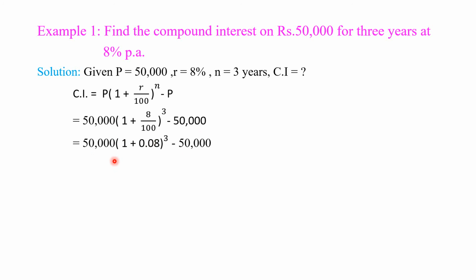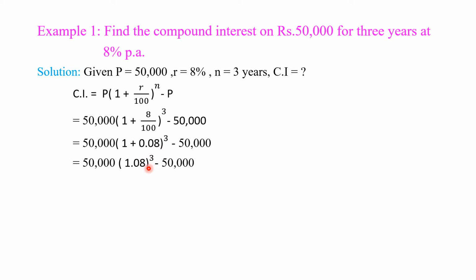After solving this, we first solve the bracket 1 plus 8 divided by 100 raised to 3. We can solve this using a calculator. 8 divided by 100 is 0.08. 1 plus 0.08, we get 1.08 raised to 3.